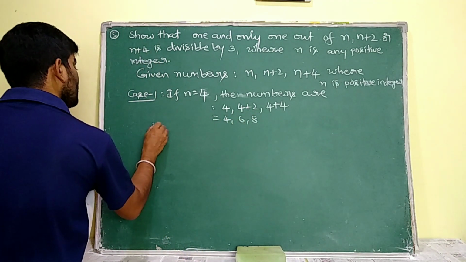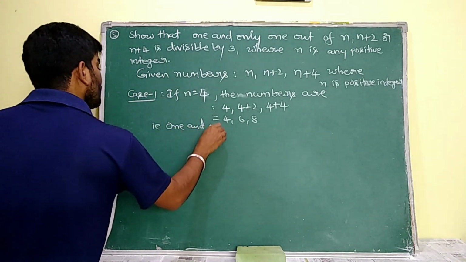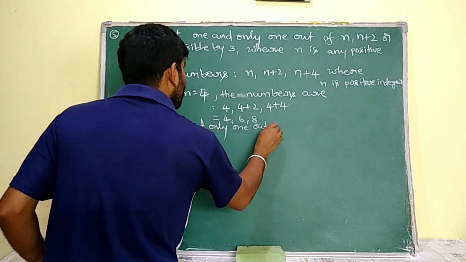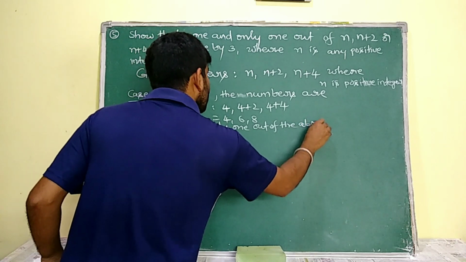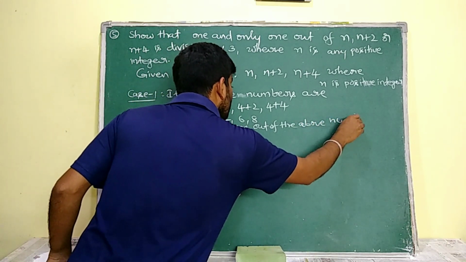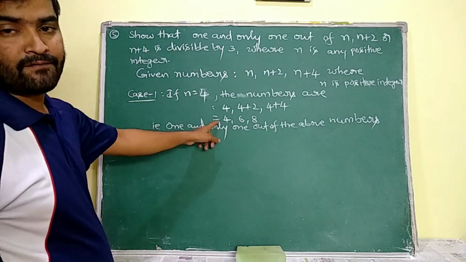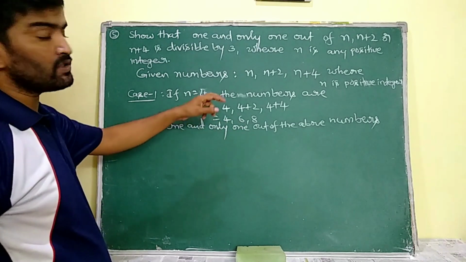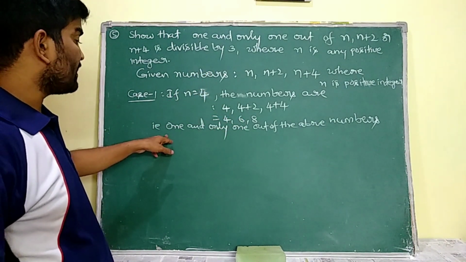That is, 1 and only 1 out of the above numbers. See ma, here 4, 6, 8 we obtained. So 6 is the one and only one number which is divisible by 3. That we are going to write as the conclusion.